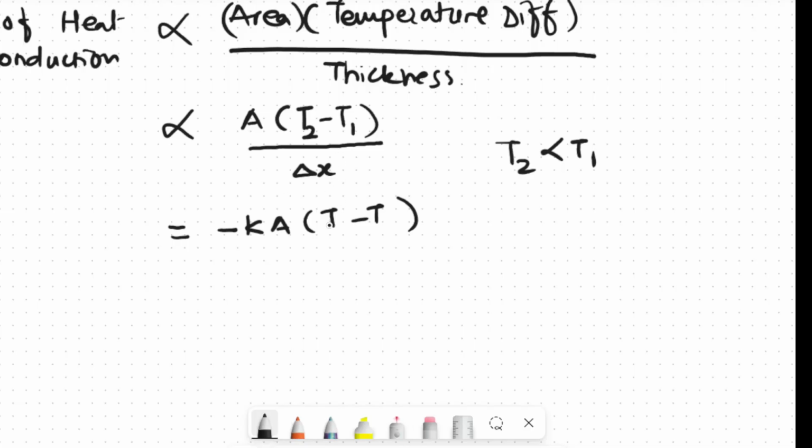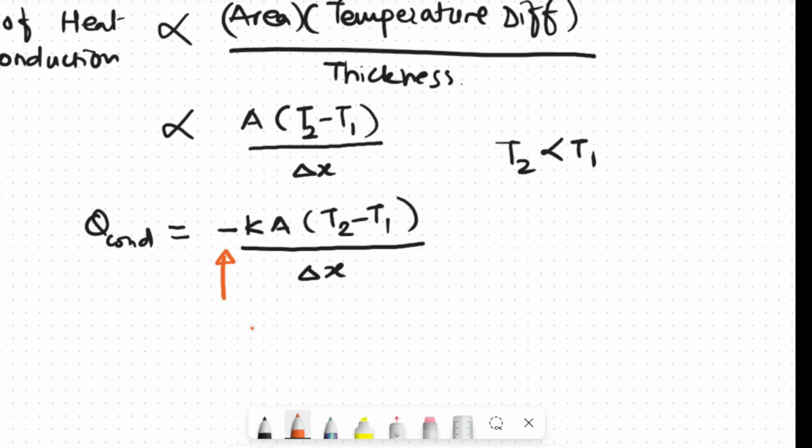Okay, so T2 minus T1 upon del X. So pure conduction. Now there is a negative sign in this equation. I have added this negative sign later.